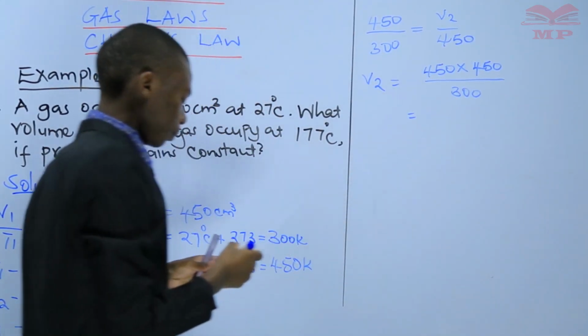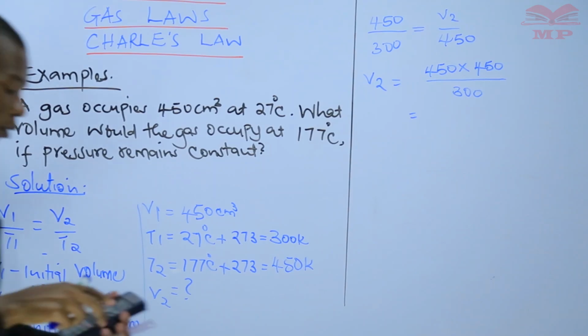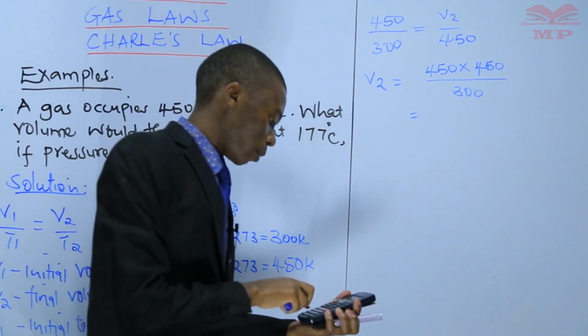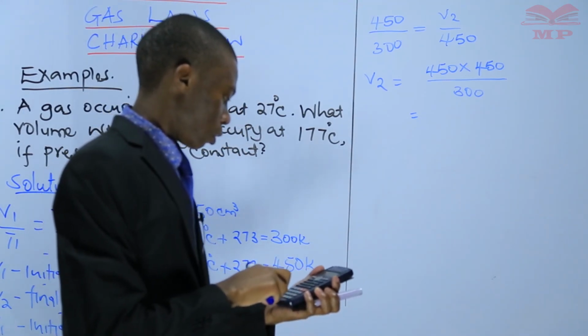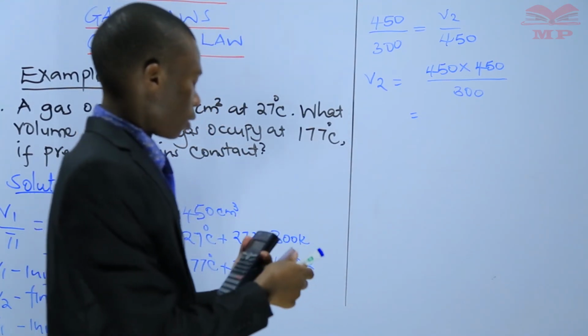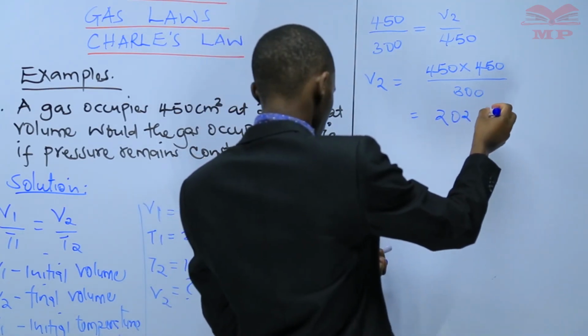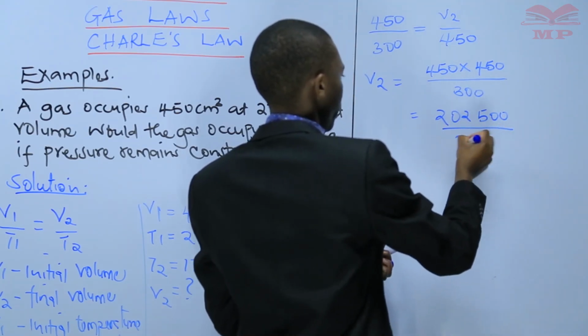This will give you 450 multiplied by 450, divided again by 300.